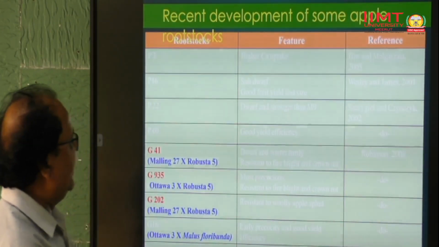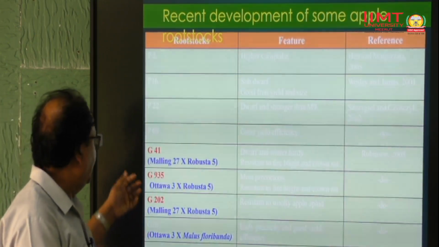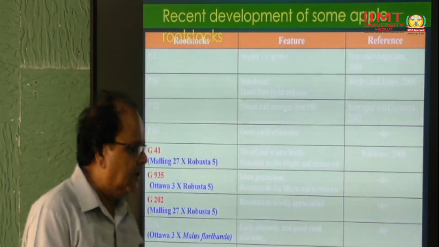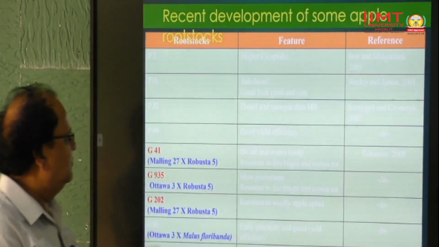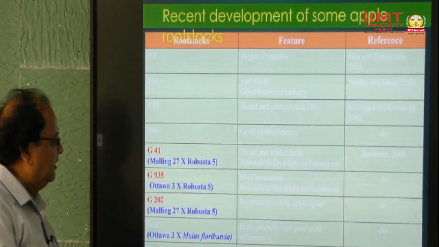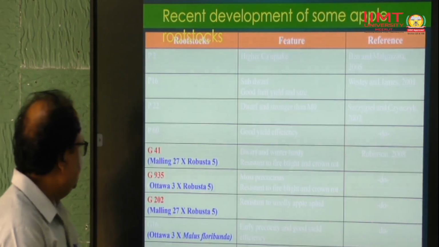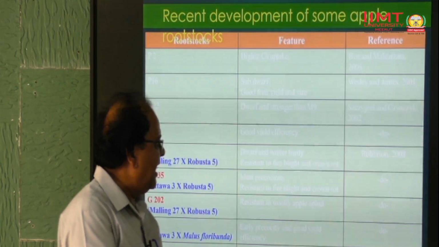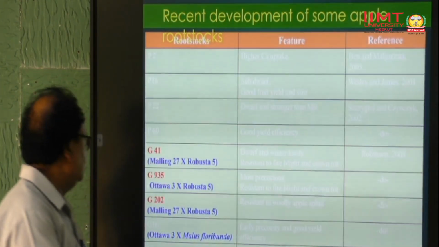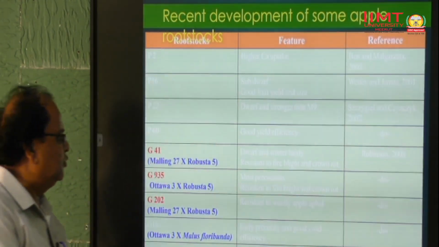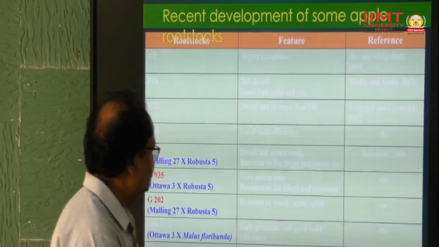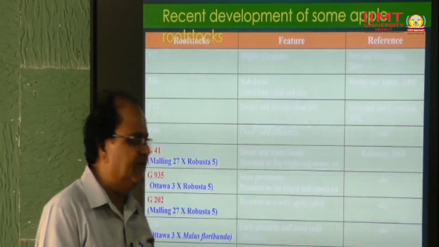P16 is a good yielding efficiency rootstock. G41 is dwarfing and winter hardy, resistant to fire blight and crown rot diseases. G935 is more precocious, resistant to fire blight and crown rot, and G202 is resistant to woolly aphids. G16 is early precocious with good yielding efficiency.